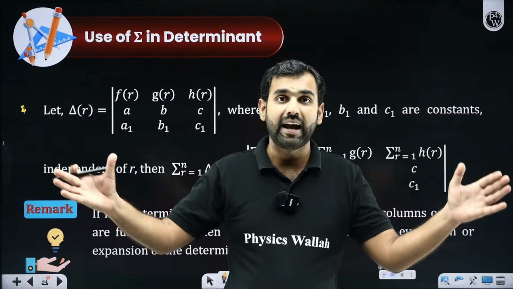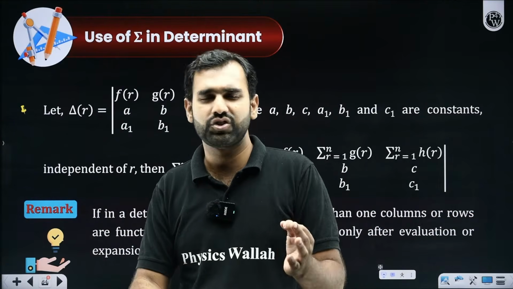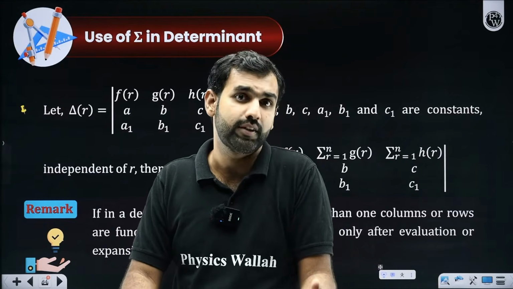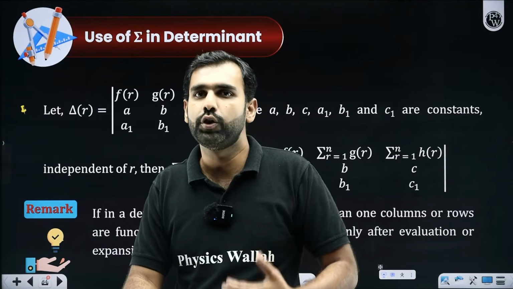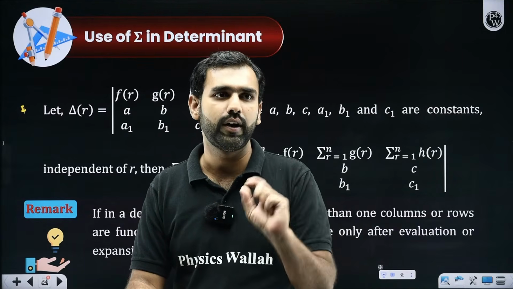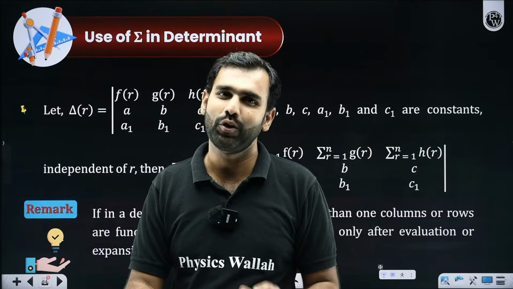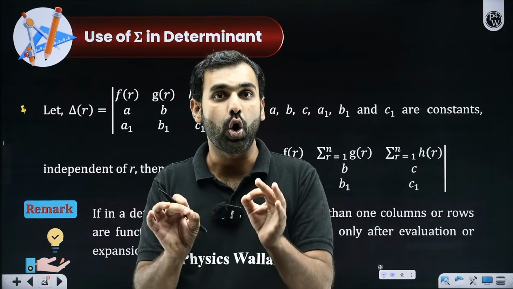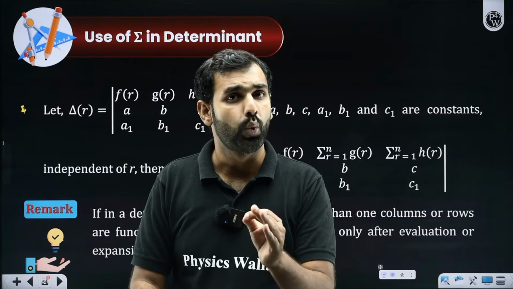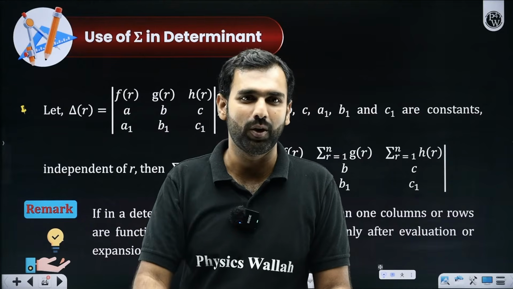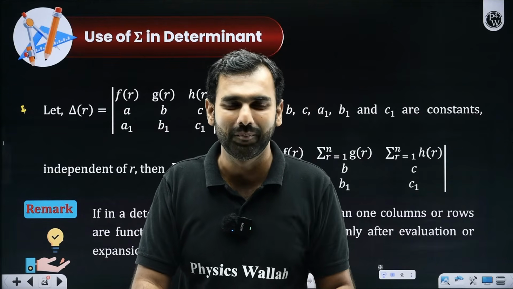So width means I have tried covering all the concepts from this chapter determinants, although superficially, not in a very in-depth manner, because to bring depth here, I have to introduce more questions, which we have done in proper lectures, which you can see on our Lakshya JEE in English batch. If you're so curious about that, you can visit our batch. You will definitely find all the classes properly aligned with apt and appropriate number of examples, so that depth can also be brought, about which you are very much worried, my dear friend.